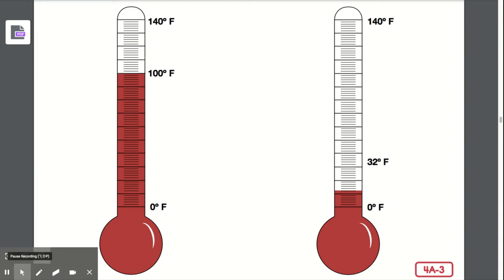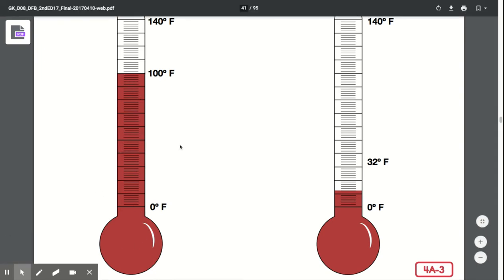Which thermometer do you think shows what the temperature might be like in summertime? Did you point or say the thermometer with a lot of red in it? Because you remembered that the story said that when it's hot, the liquid rises.